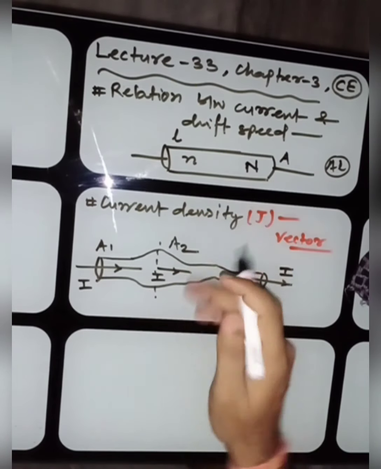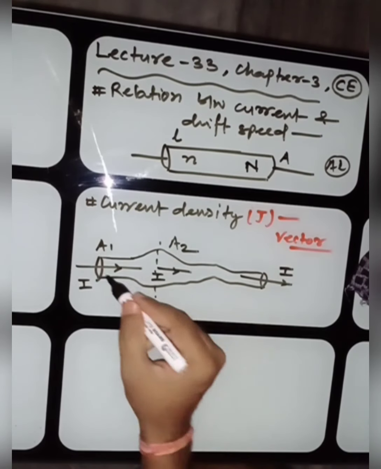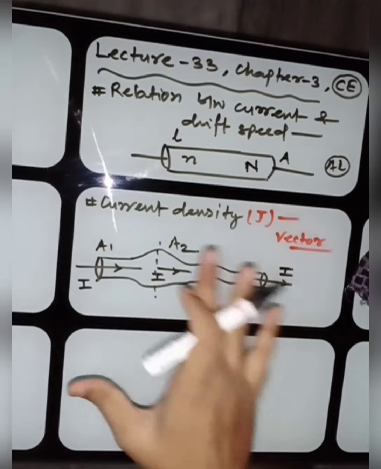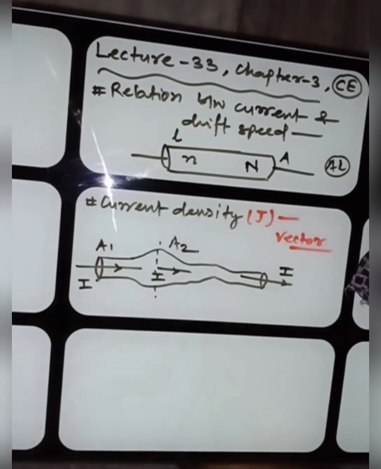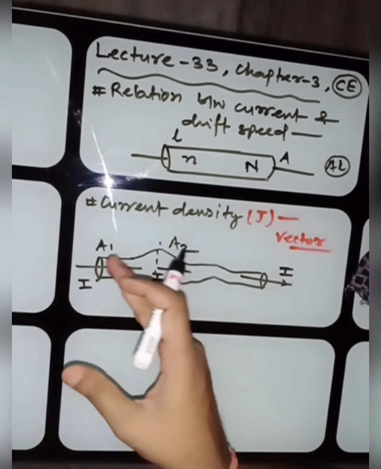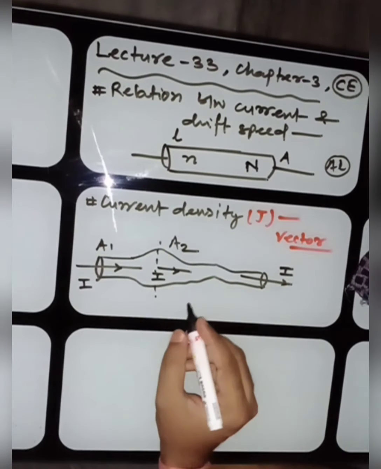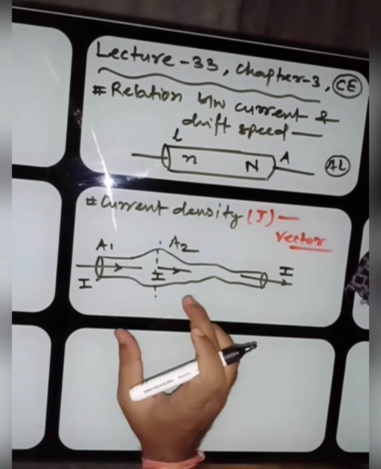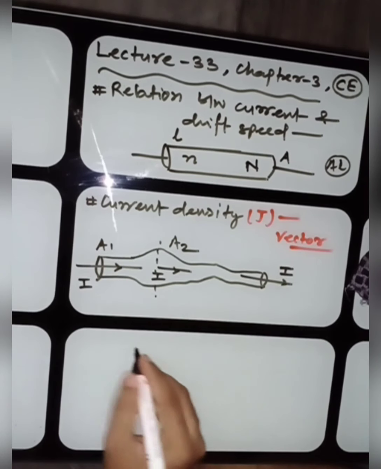It means the density at this point and the density at this point will be different, and that is considered the electric current density. If you want to write the definition, you can write the definition of current density: it is the electric current per unit cross-sectional area.